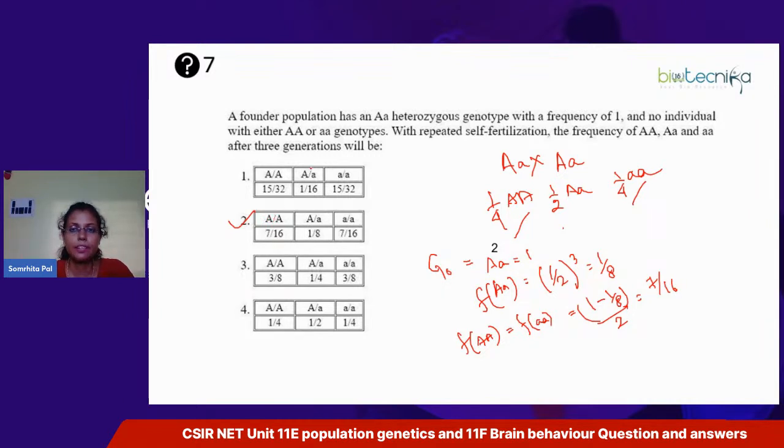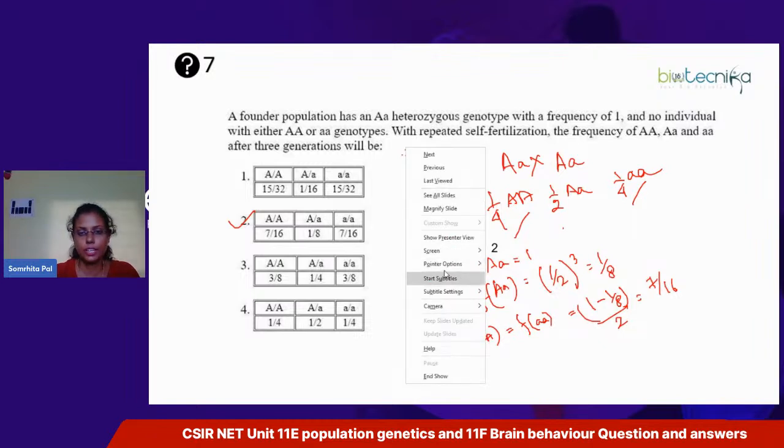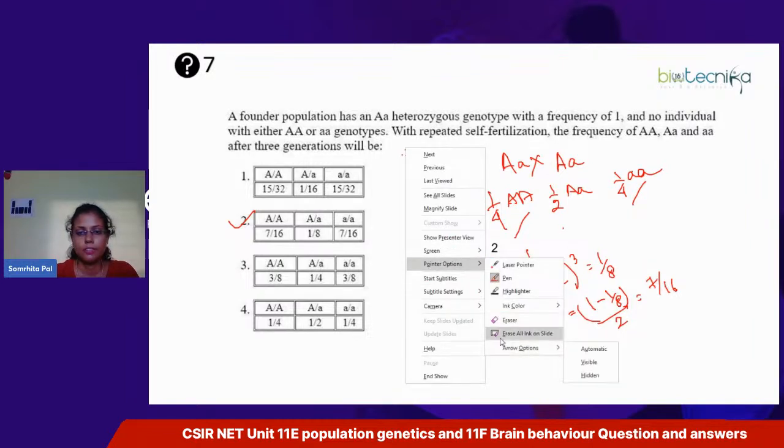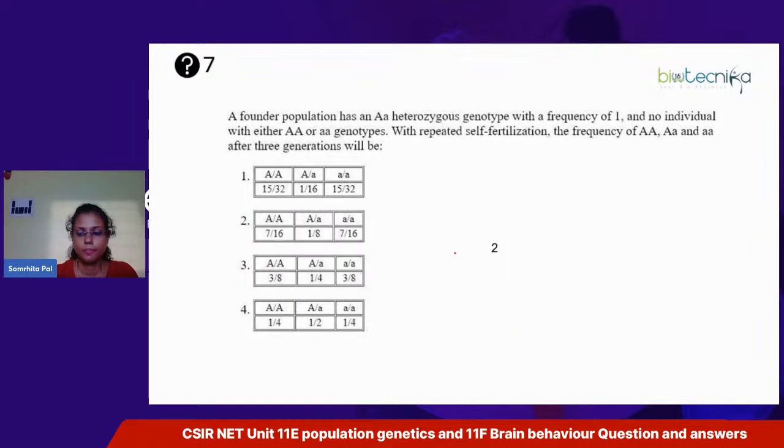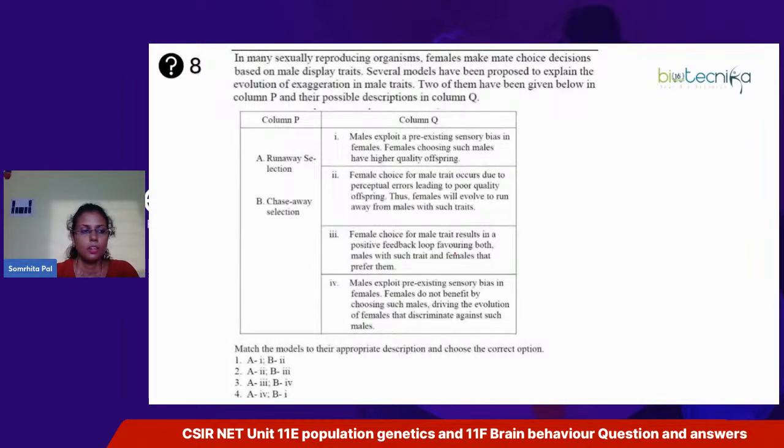A bit of calculation is required to get to the answer of these kinds of questions. In fact, population genetics is a chapter which is full of calculations. A lot of calculations are there in population genetics. All right, moving on to question number 8.